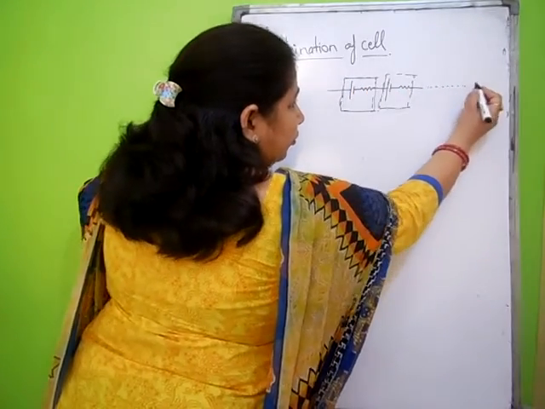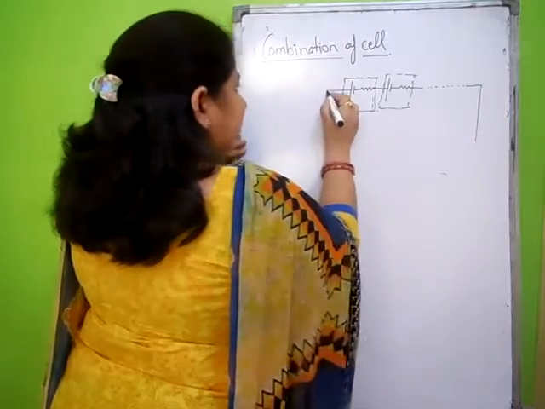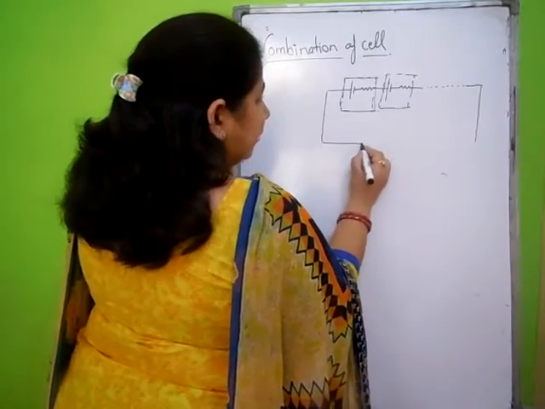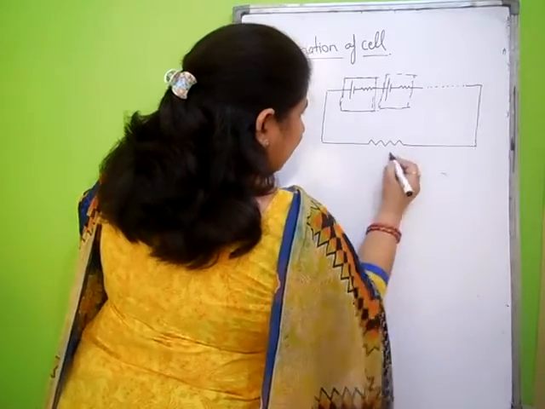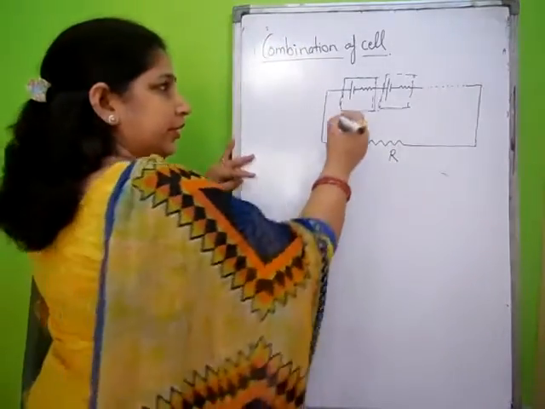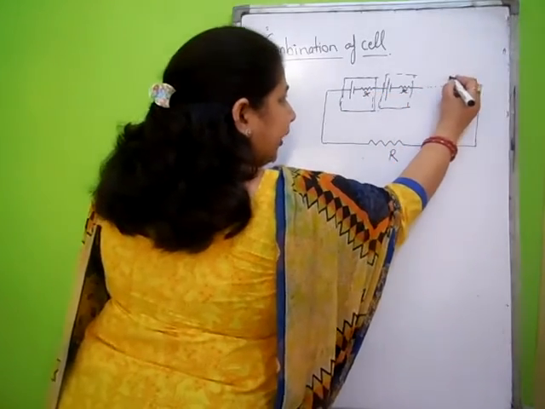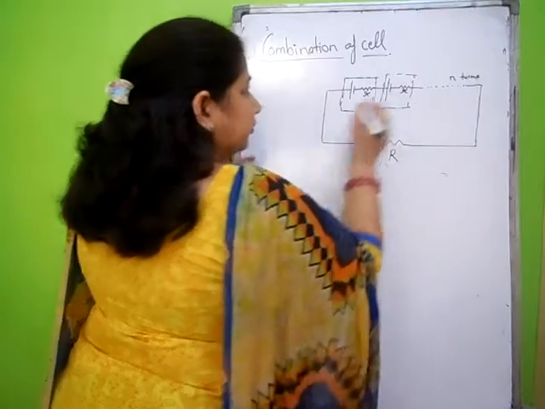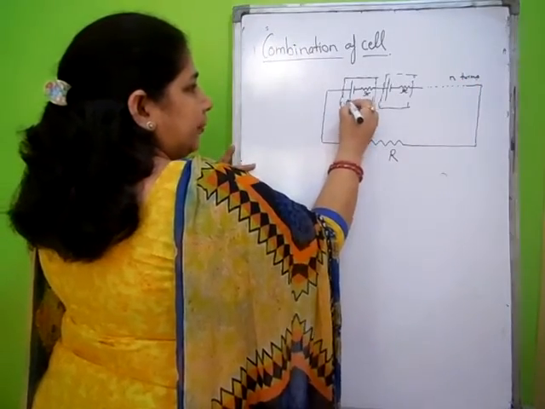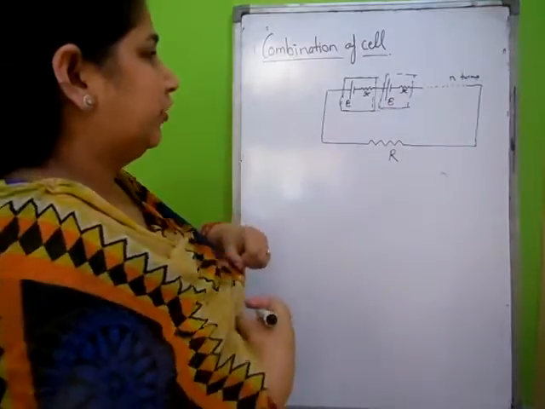And so we have n cells, and there is an external resistance capital R. Here we have small r up to n terms, and capital E as the EMF, got it?